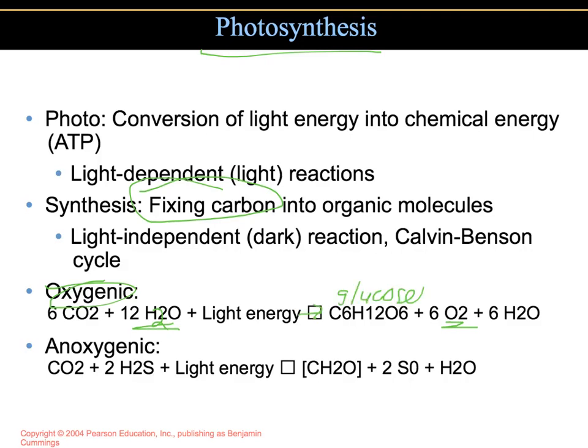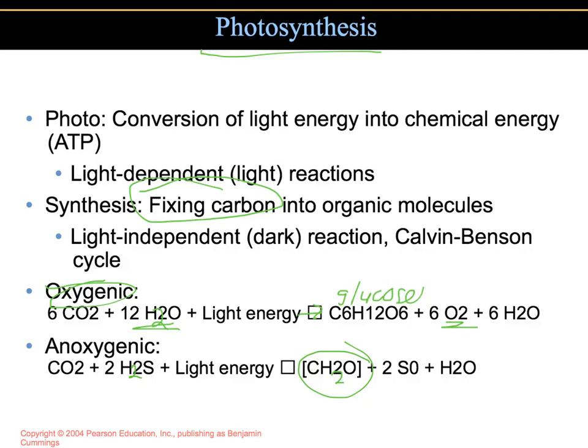Then we have anoxygenic, which a lot of the purple and green sulfur bacteria use. They use hydrogen sulfide as a source of hydrogens to reduce carbon dioxide into sugar, which is right here. Again, reference your slides that are in front of you because the formatting has been completely messed up. None of the subscripts are evident.